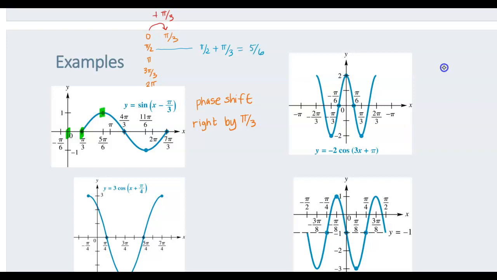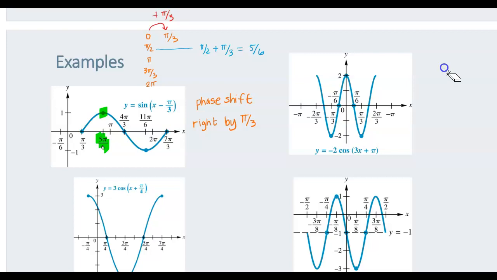And so that's how I know that this next point was at 5 pi/6. Again, I'm taking the normal breaks for where those max and min points would be, and I'm adding the phase shift in to get a new set of 5 key points.